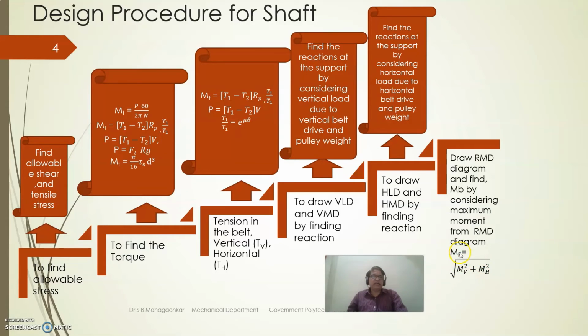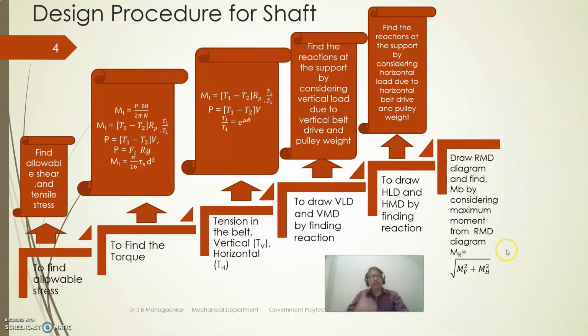Here at each point we try to get the MR at A, MR at B, MR at C, like this. MR at A is equal to root of MVA square plus MHA square. What is MVA? It is the vertical movement at point A, right? And MHA is nothing but the horizontal movement at point A.